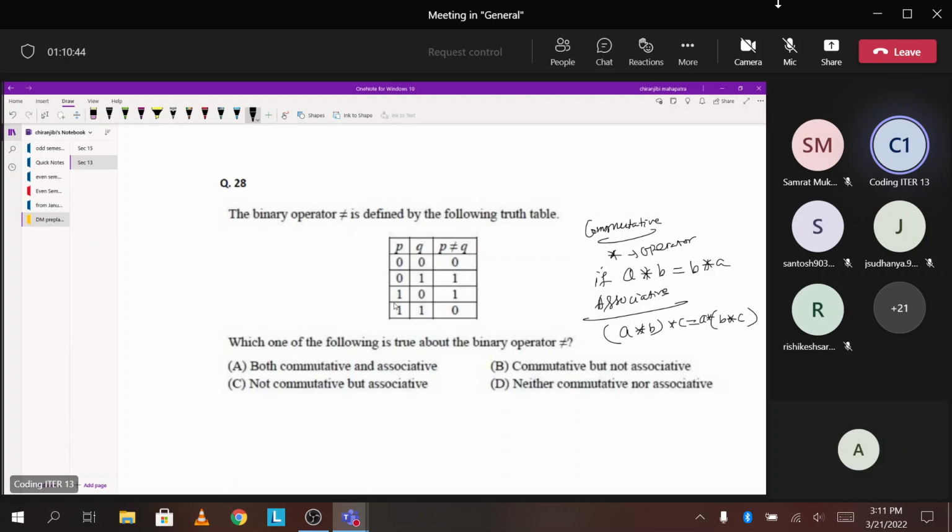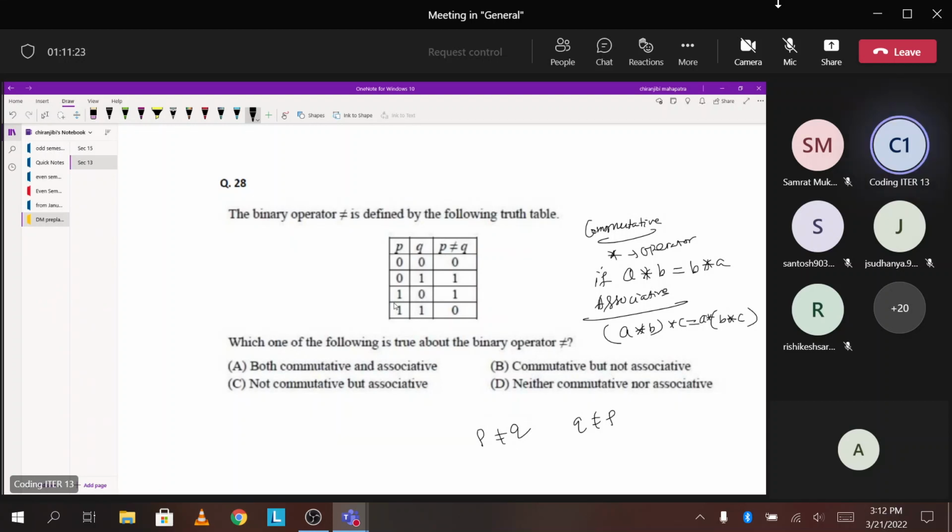Okay, nobody is telling anything, so tell me first whether it is commutative or not. Yes, sir, it is commutative, okay. So how do we know? If we write P not equals to Q, obviously I can say Q not equals to P. We can also easily tell this from the table: 0 not equals to 0 gives 0, and 0 not equals to 1 gives 1, and 1 not equals to 0 also gives 1.